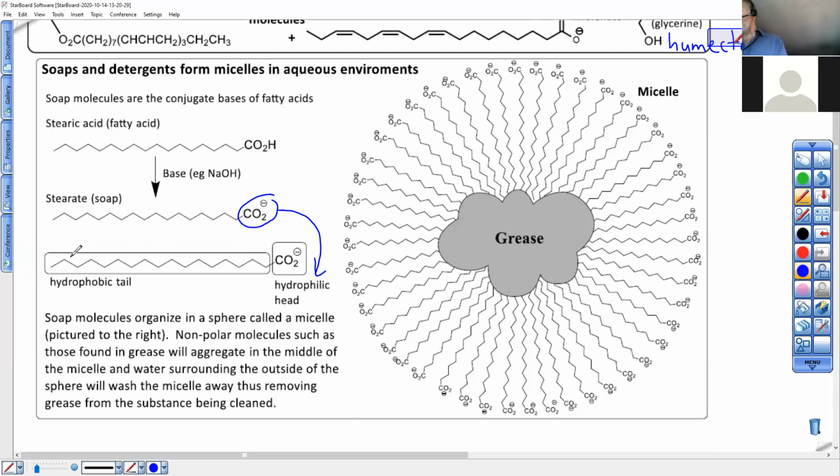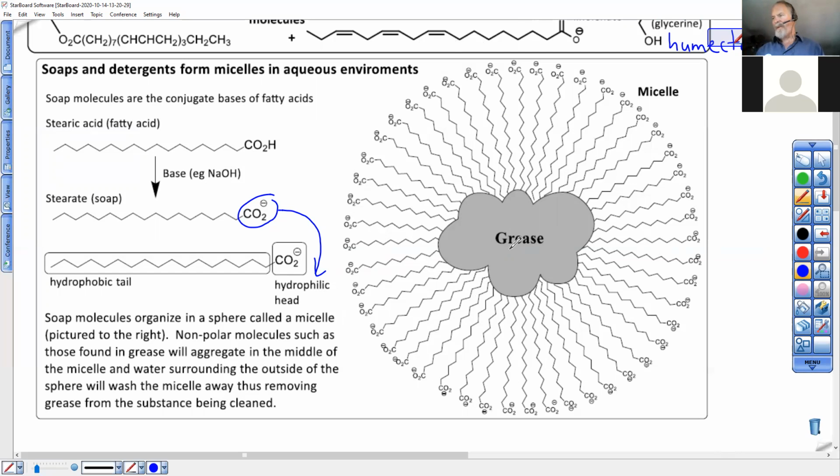So what will happen is all of the molecules will form a sphere. This looks like a circle because we're talking about a page, but really it's a three-dimensional sphere. And it would be a ball, right? And outside is the water. And inside are the parts avoiding water. And if you have clothes that have grease on them or your hands have grease on them and you wash them, the sphere will trap the grease in the middle because that part doesn't like water either.